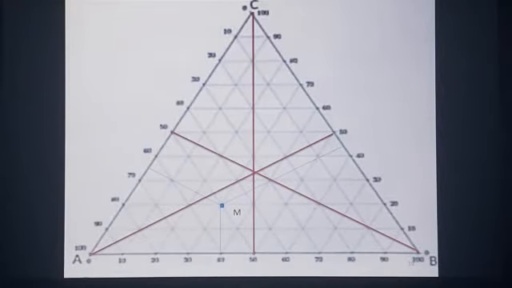The same is true for these ternary phase diagrams. If we take a mixture of three components inside the ternary phase diagram, its composition will sum up to give 100% or one in fraction.